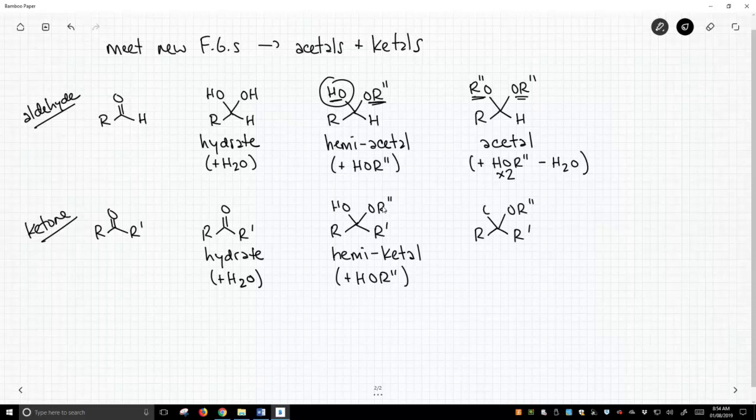This will not be a hemi-acetal or a hemi-ketal. It will be a complete ketal. And again, what do we do? We add an alcohol. We had to do that twice, and somehow in the process we had to lose water.